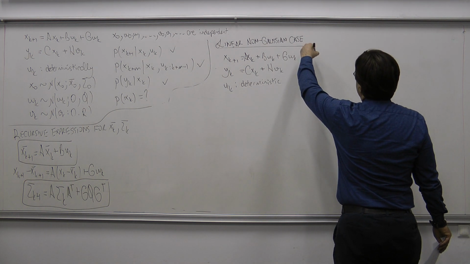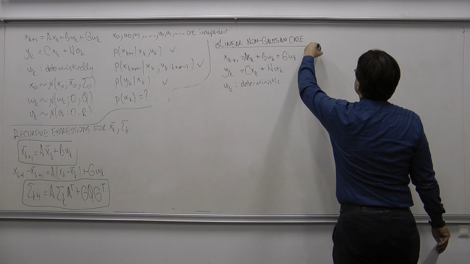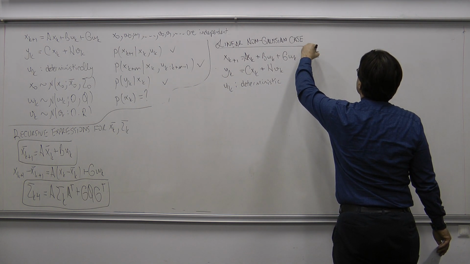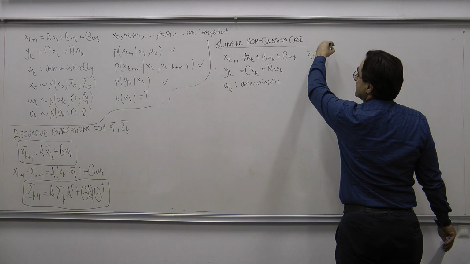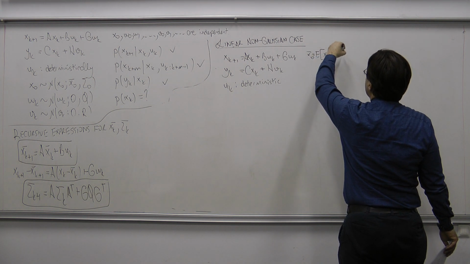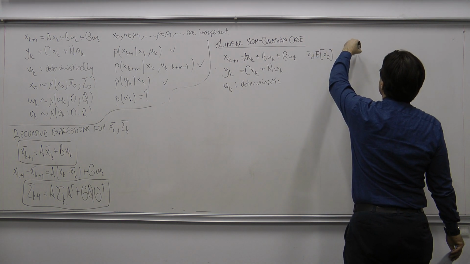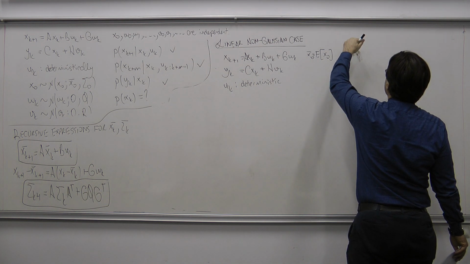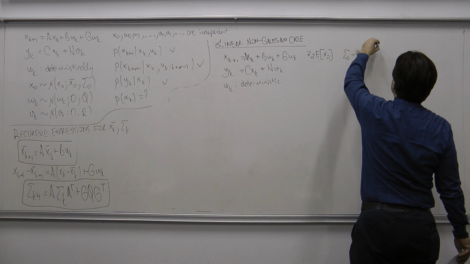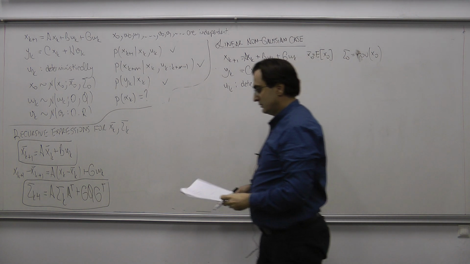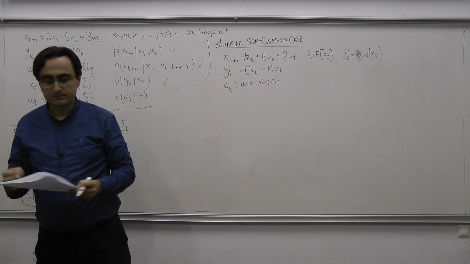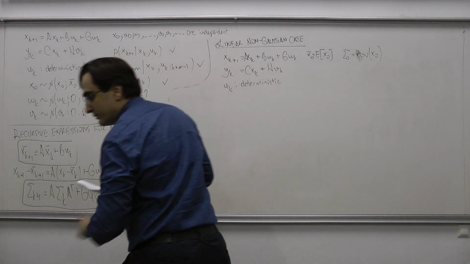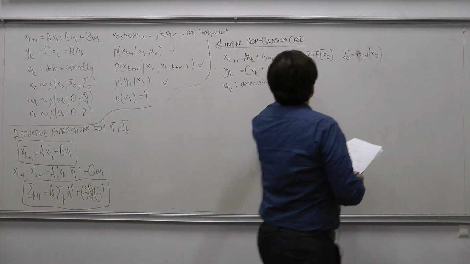So let us say that x_0 bar is the expected value of x_0, and Sigma_0 is the covariance of x_0.